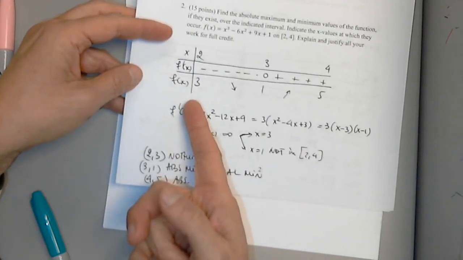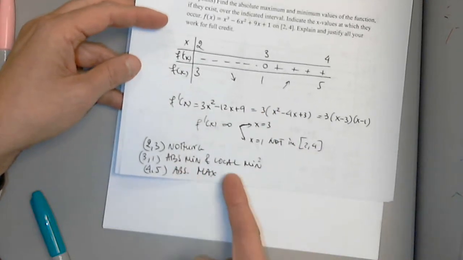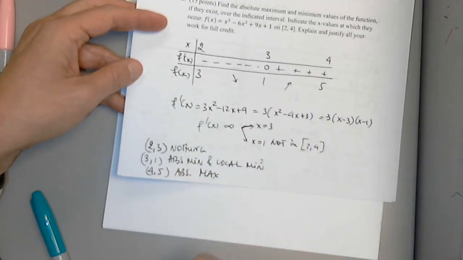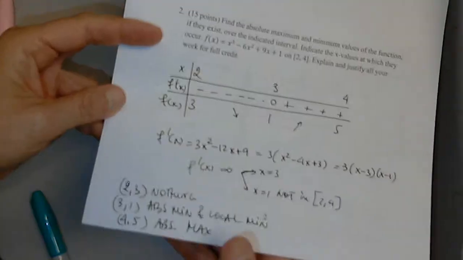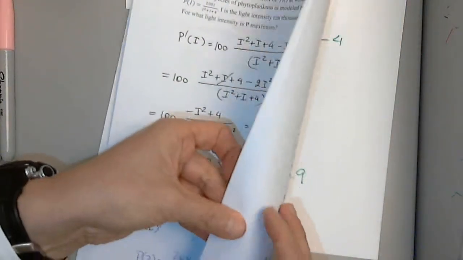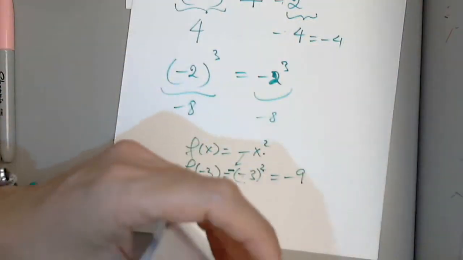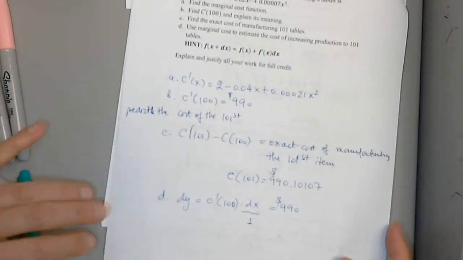So 2, 3 is nothing, 3, 1 is the absolute and local minimum, and 4, 5 is the absolute max. Okay, then this one. If you need me to show any of this, please do say so.